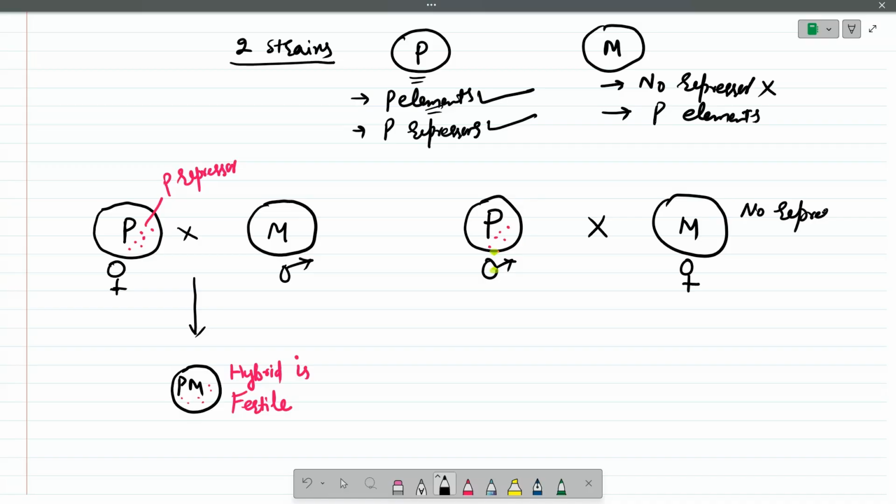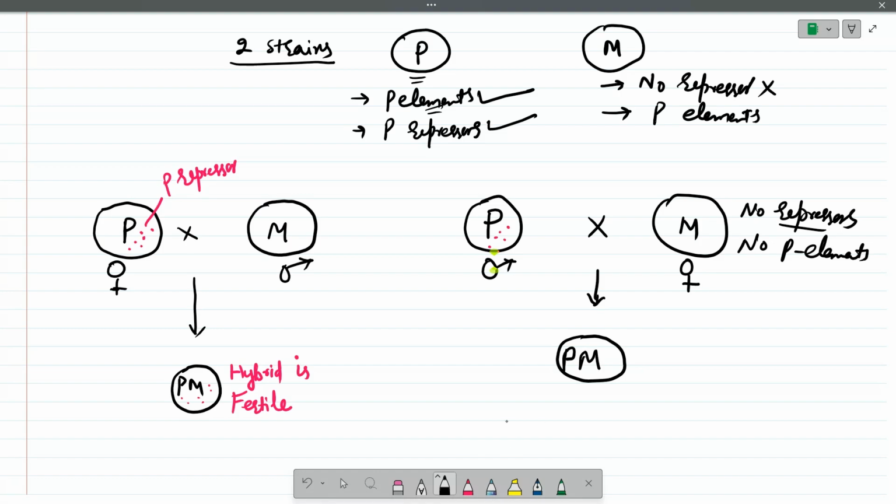In case of the female, there are no repressors and no P elements. When a hybrid is produced from this cross, it will inherit the DNA from the male, and it will inherit the DNA plus cytoplasm from the female.